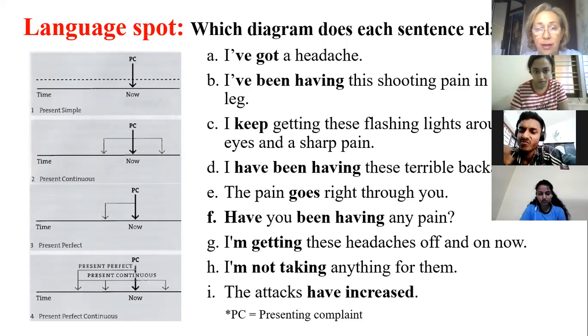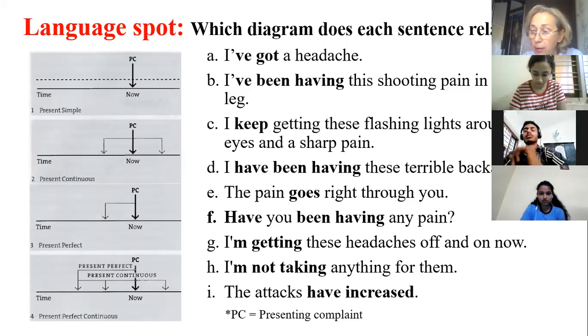Continuous should have ing. Present simple, yes. It's present simple, but this is the form of the present perfect tense. Do you see? That is why you say this is past. The present perfect tense, but it describes the action which happens every day, like the patient says.